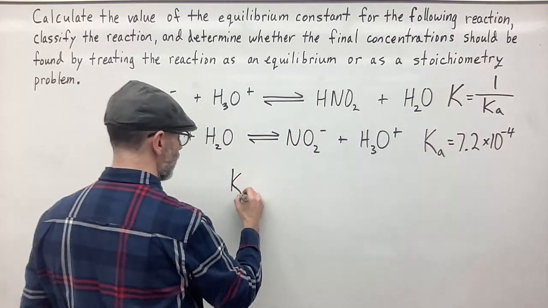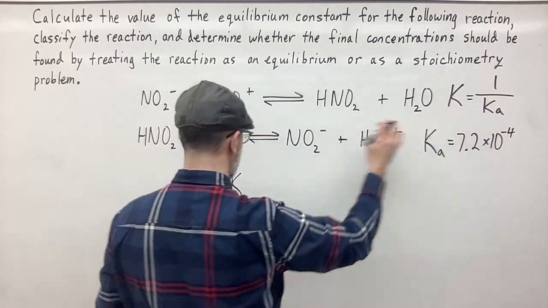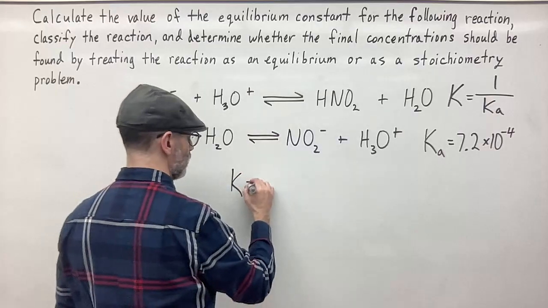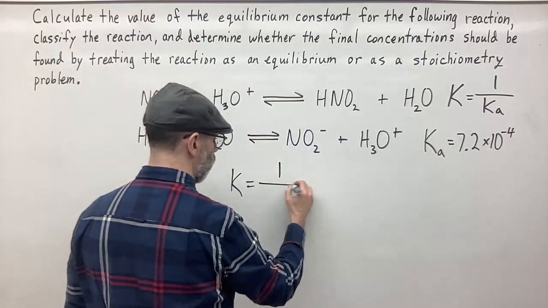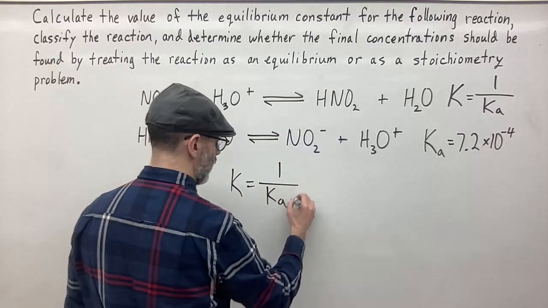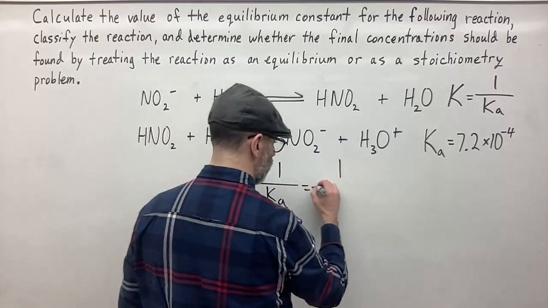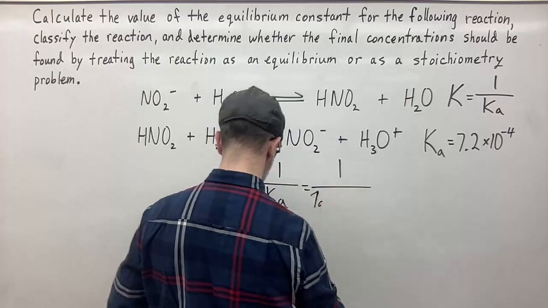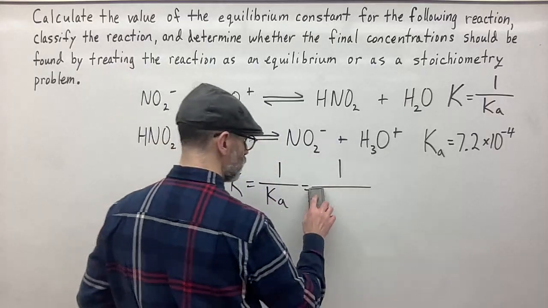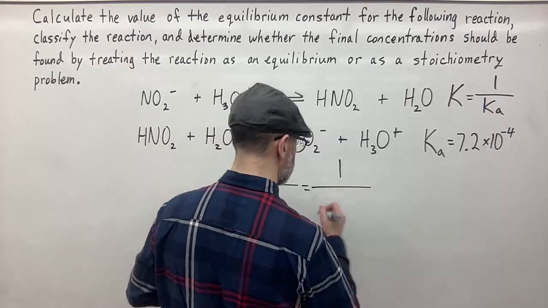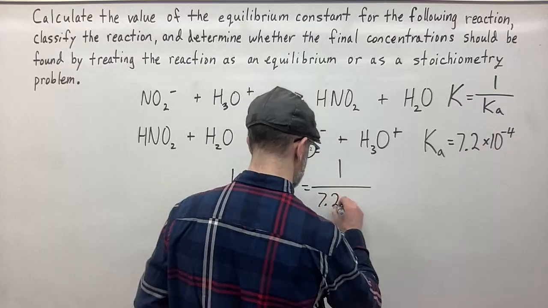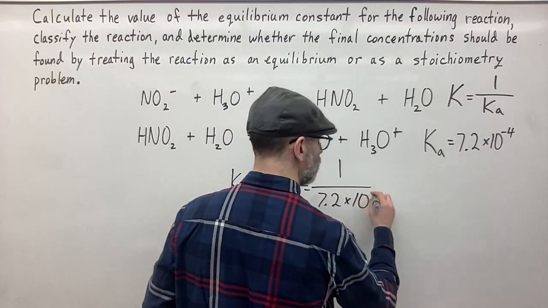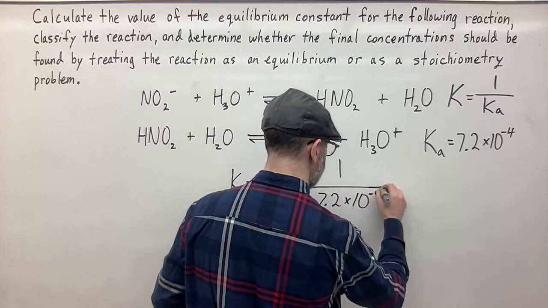So then K, the equilibrium constant for this reaction, is equal to 1 over Ka, which is equal to 1 over the Ka value, which is 7.2 times 10 to the negative 4.